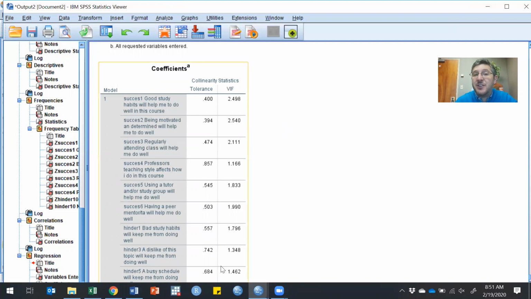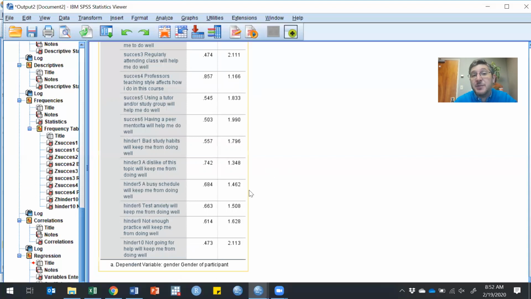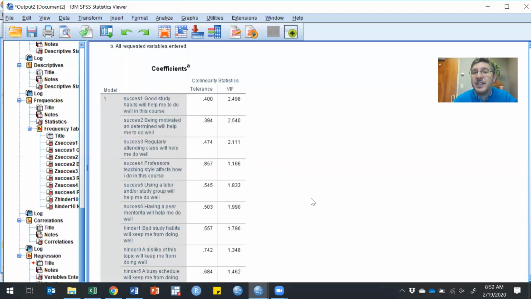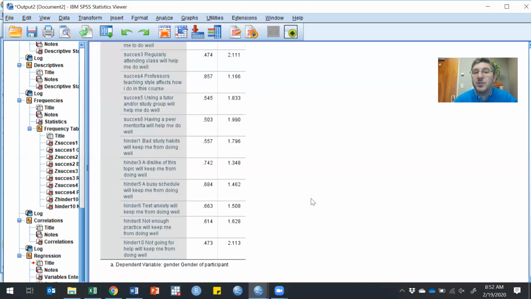If you see variance inflation factors that are, you know, 20, 30, I might be concerned that there's extreme multicollinearity in the data set. Typically, we're looking for these to be, you know, less than 5 is typically ideal for regression analysis.